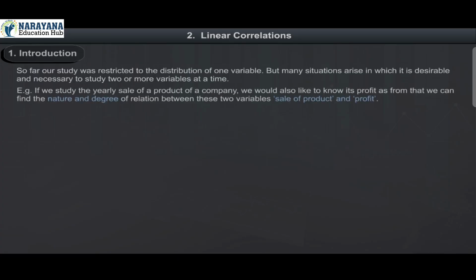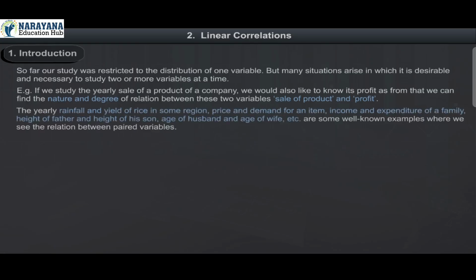Example: if we study the yearly sale of a product of a company, we would also like to know its profit, as from that we can find the nature and degree of relation between these two variables, sale of product and profit.